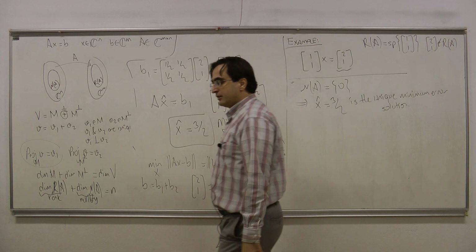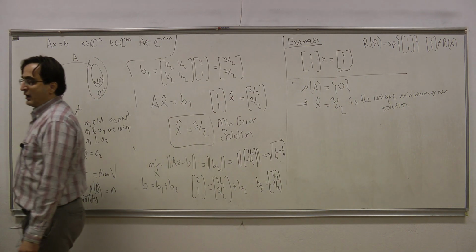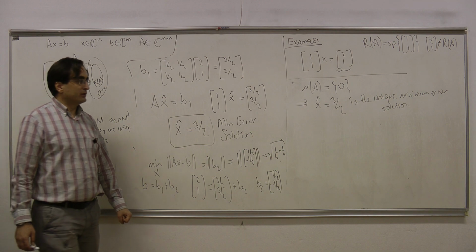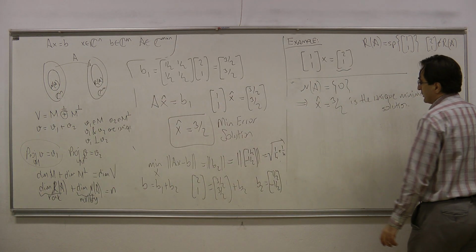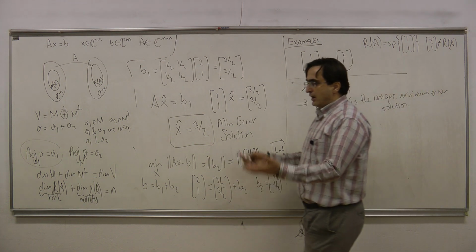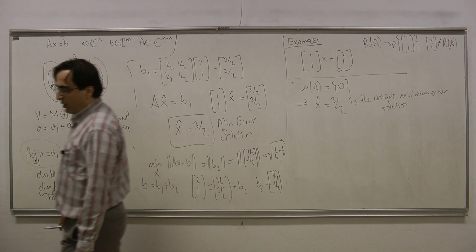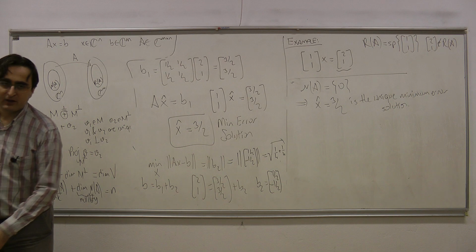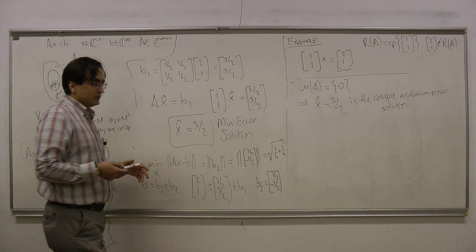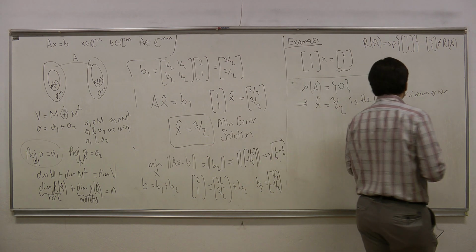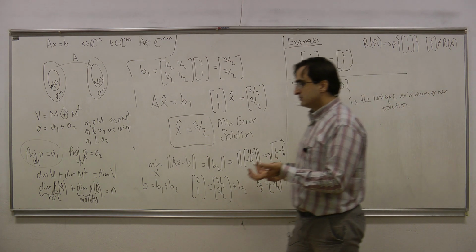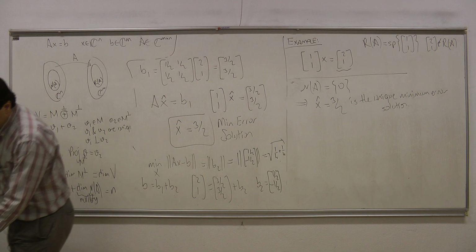And minimizing it will give you a minimum error solution. And in this case, that minimum error solution is unique. But of course, if A had a non-zero null space, a null space which has non-zero vectors in it, then in that case, this minimum error solution would not have been unique.